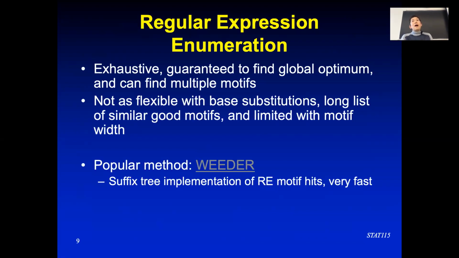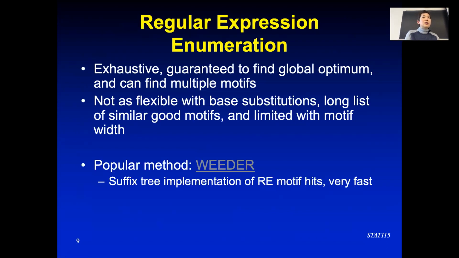Most of the time when biologists run an algorithm, they hope to see 5 or 10. But when you give them a list of 300, they get really confused. So it's hard. And also with this approach, we are more or less limited with motif width, because by the time you have a 15-mer motif, you have to enumerate 4 to the 15th, which is very hard.